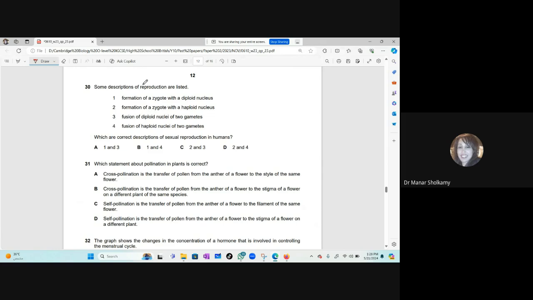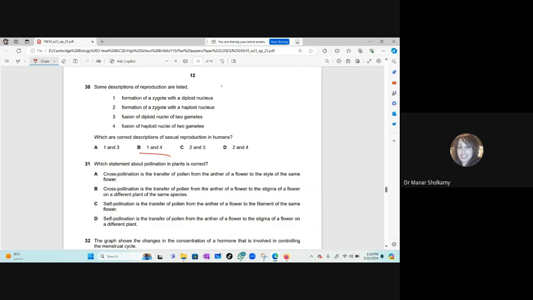Some descriptions of the reproduction are listed. 1. Formation of a zygote with a diploid nucleus, 2. formation of a zygote with a haploid nucleus, 3. fusion of diploid nuclei of 2 gametes, 4. fusion of haploid nuclei of 2 gametes. Which are correct descriptions of sexual reproduction in humans? Please read carefully. B. 1 and 4. 1.